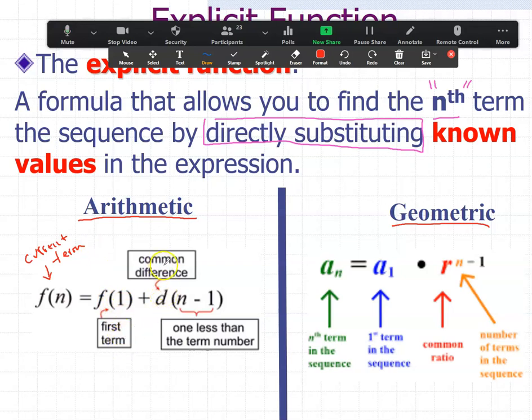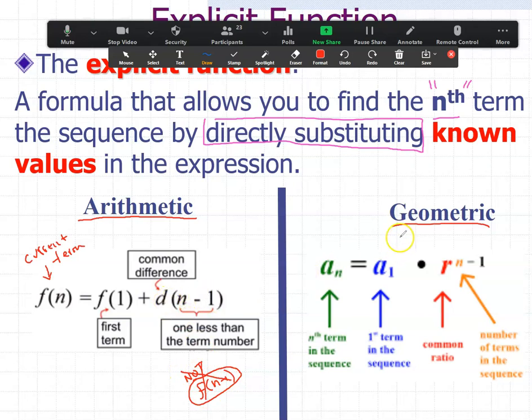D is known as the common difference. N minus 1 is 1 less than the term number, which is different from f parentheses n minus 1. When you see this notation, this would mean previous, and this would tell me this is recursive. So it's a little different.